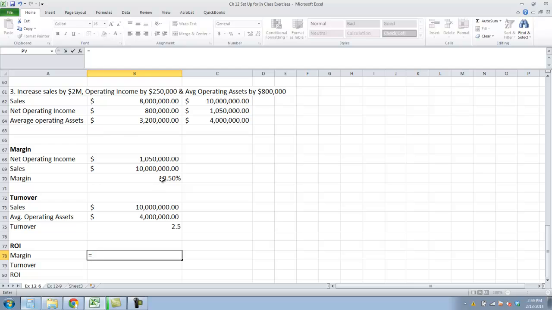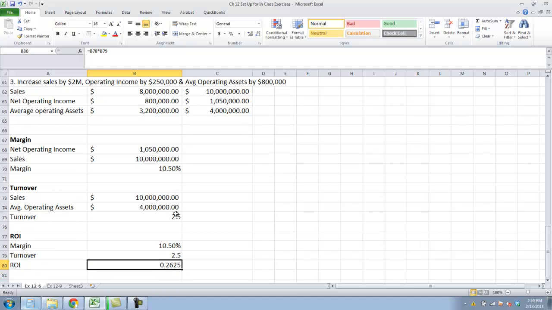So my new margin, turnover, so this gives us an ROI of 26.25%. This is all about calculating ROI.